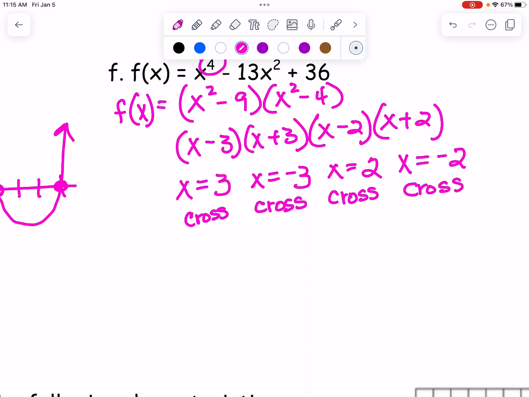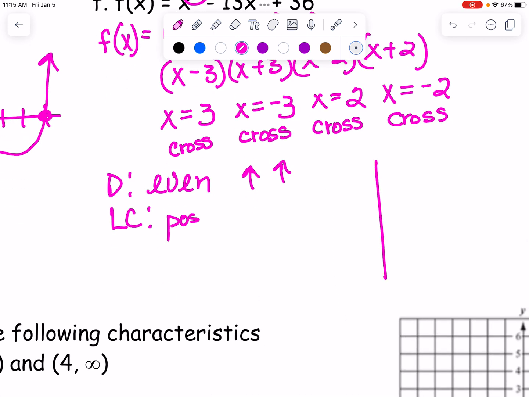And this degree is 4, that's even, and the leading coefficient is positive, so that means that both ends are going to face up. So we have 2 and -2, 3 and -3.